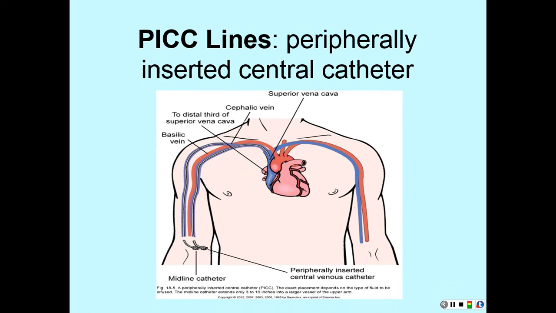Another type of central line is a peripherally inserted central catheter, or PICC line. These are usually inserted, again, it's got to be confirmed by x-ray that they're in the right place. So these may be put in in x-ray, or they can be put in at the bedside.